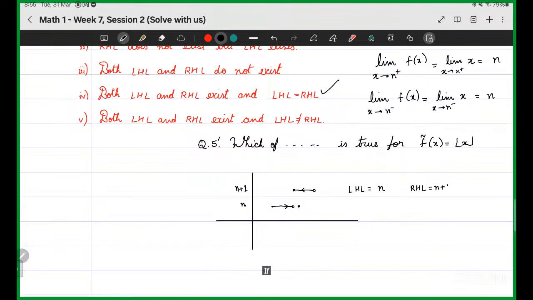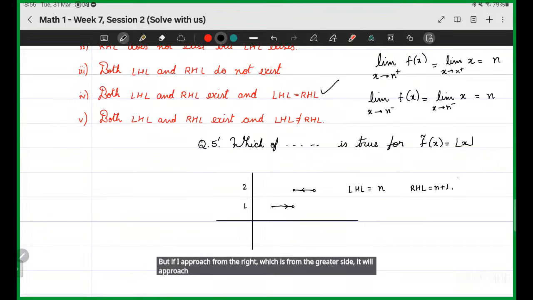If it is too confusing in general terms, let's just look at the step from 1 to 2. If I approach the value from the left, the function value will approach 1. But if I approach from the right, the greater side, it'll approach 2. So LHL is 1, RHL is 2. But what is f of 1 or f of 2?